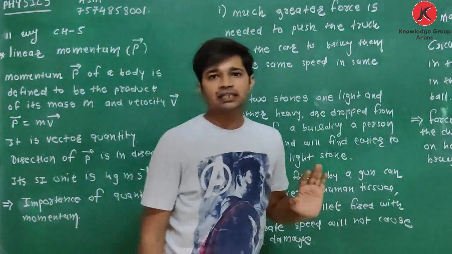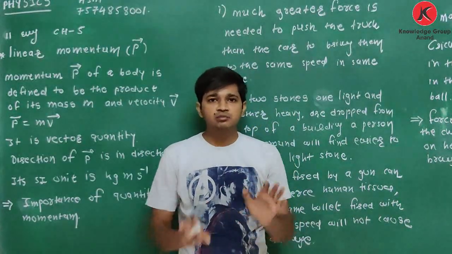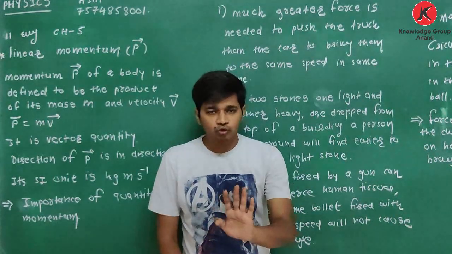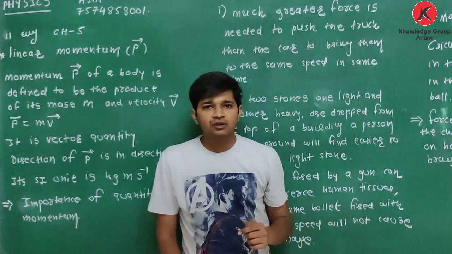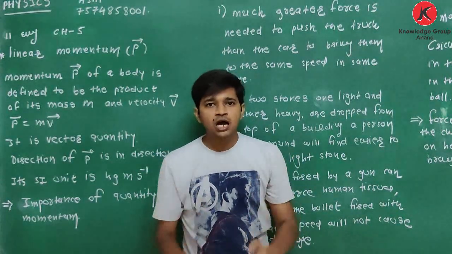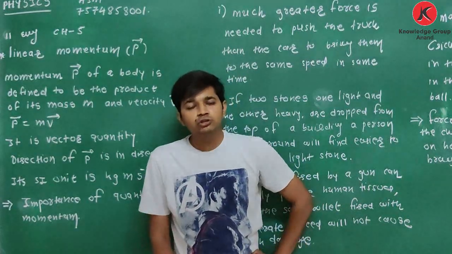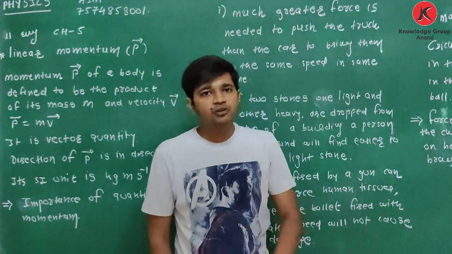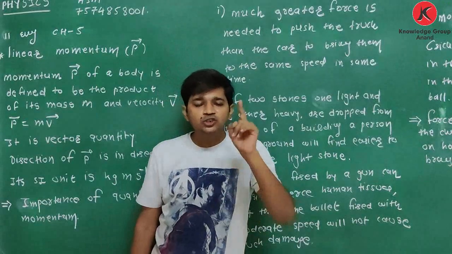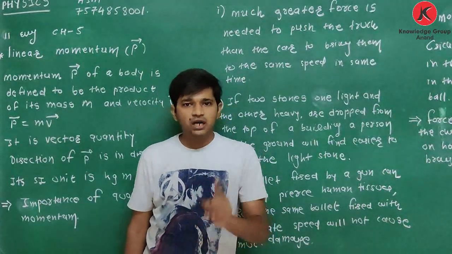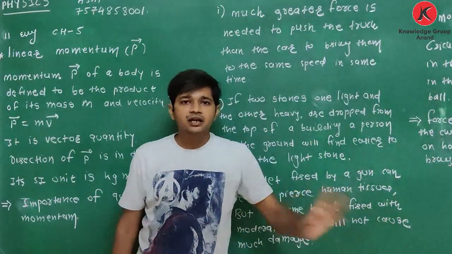Similar example: if the truck and car are in motion, moving with the same speed, the truck at 50 km per hour and the car at 50 km per hour, and I want to stop them, then obviously much greater force is required to stop the truck than the car.